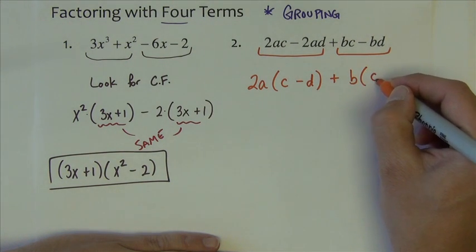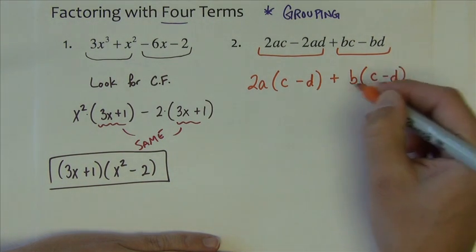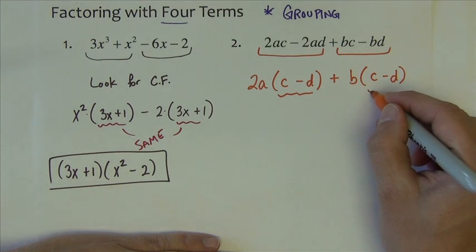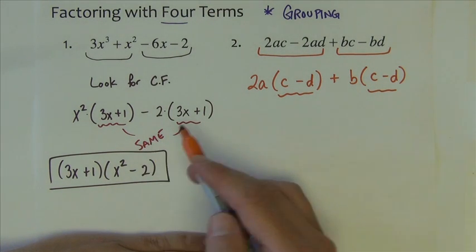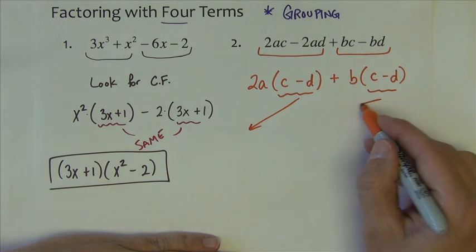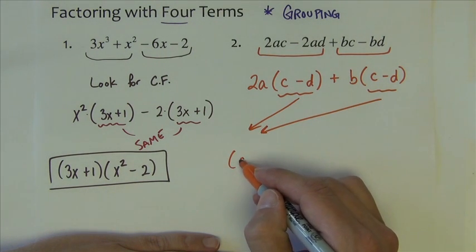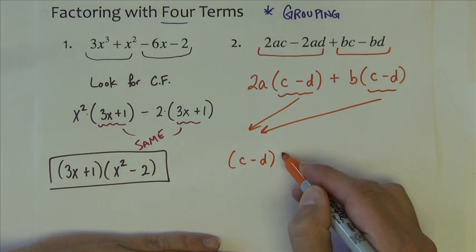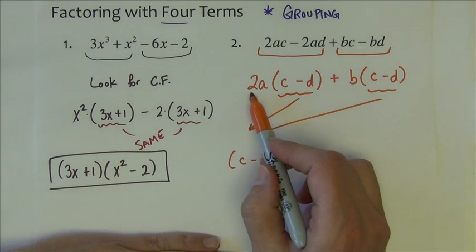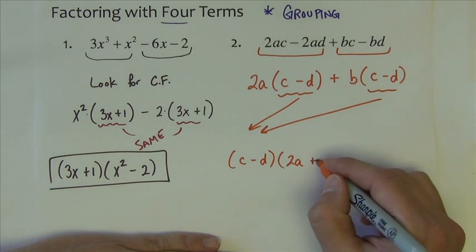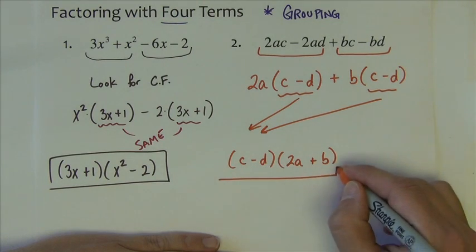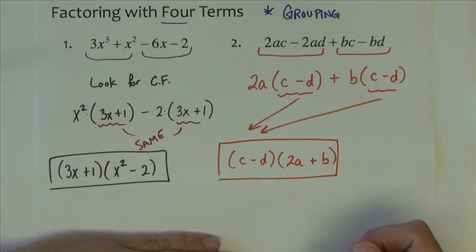Remove the b, I'm left with c minus d. Notice that the binomial in the parentheses, just like over here, is the same. Since it is the same, it comes out. There's the c minus d. What's left behind is 2a plus b. There are our factors.